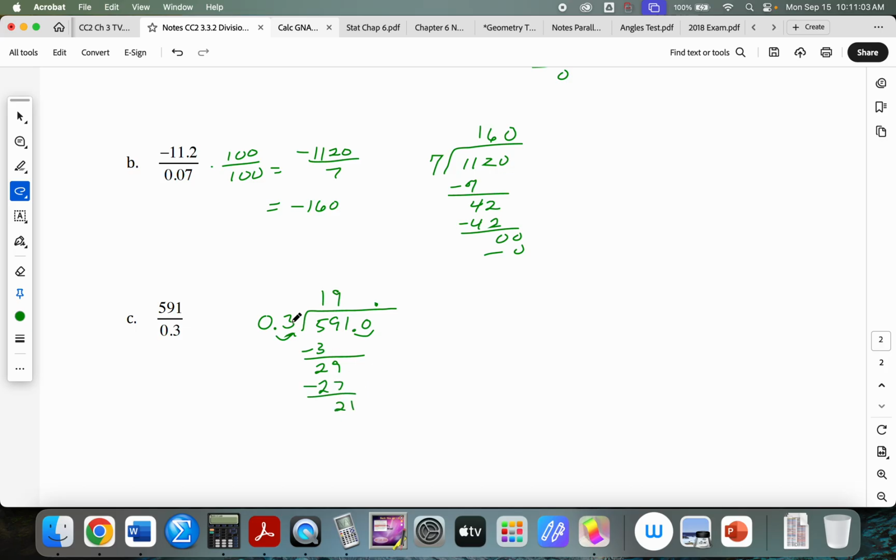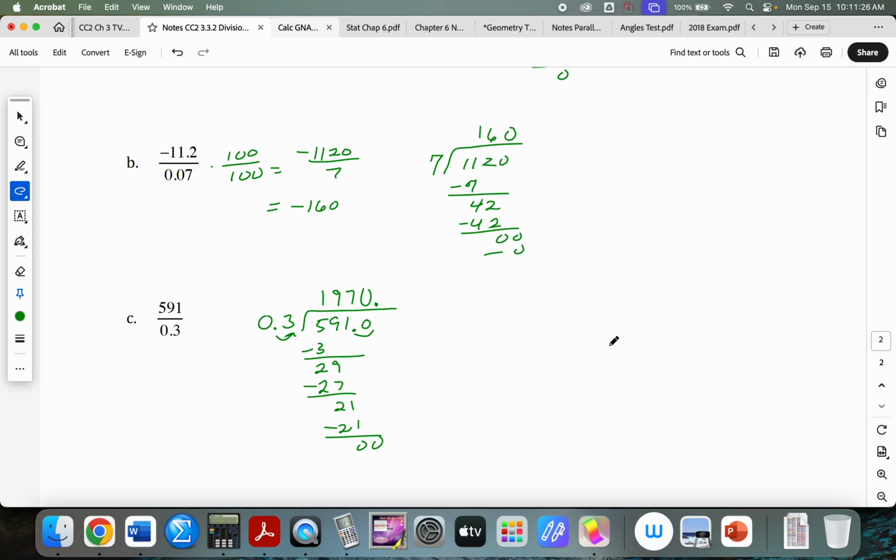Bring down the 1. 3 goes into 21 7 times. Bring down the 0. And 3 goes into that 0 times. So it's 1,970.